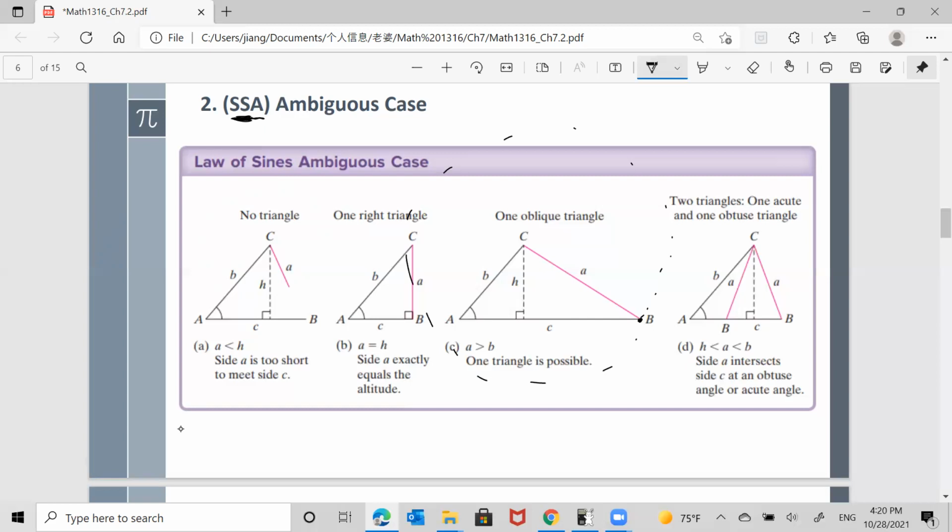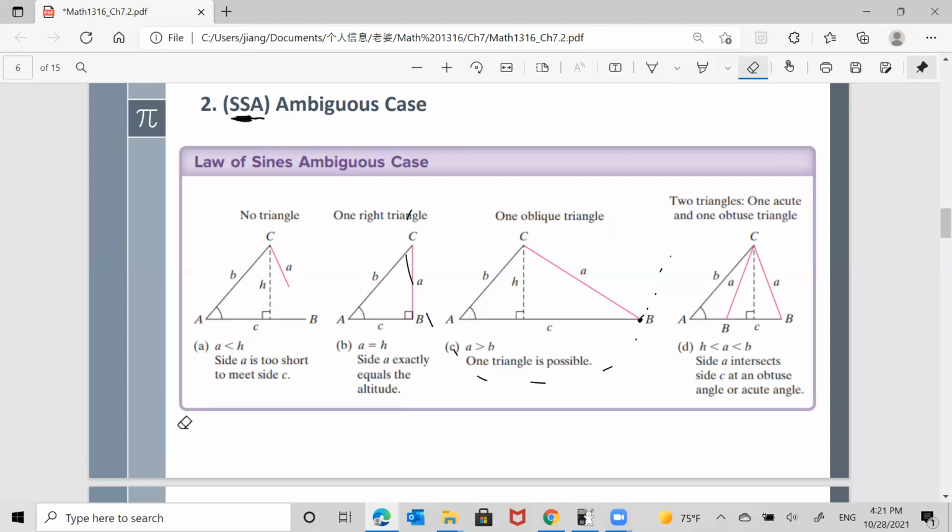This is an oblique triangle. Intersection is here. That means A is greater than B. We have a very long A, and then we can create one oblique triangle. And how about another case?